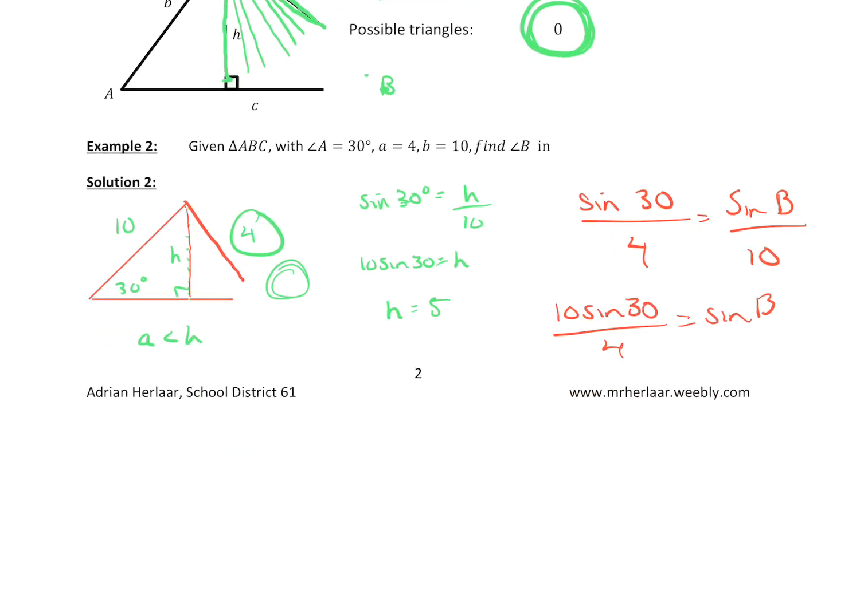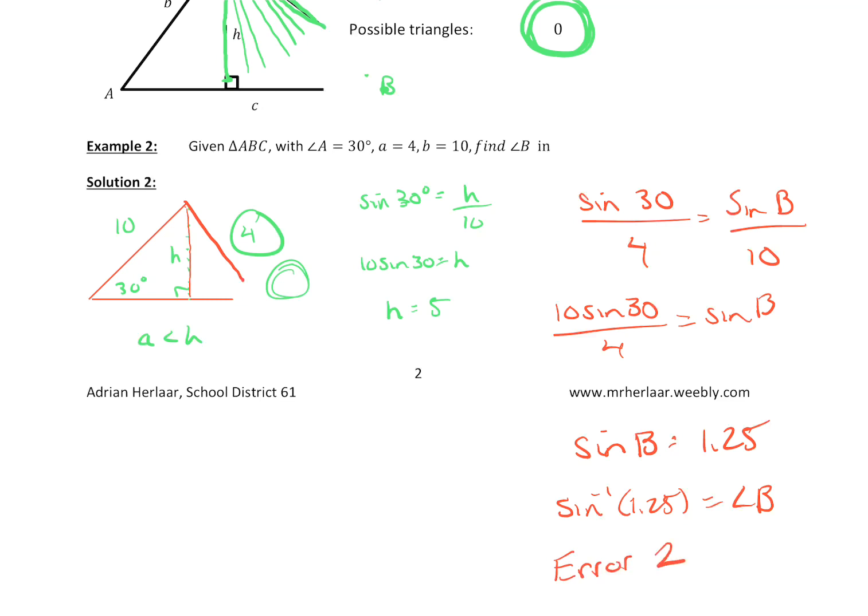If you calculate 10 sine 30 divided by 4, you get that sine B is equal to 1.25. Now here's a bit of a teaser for grade 12 and calculus. If you try to plug sine negative 1 of 1.25 into your calculator, you get error 2.